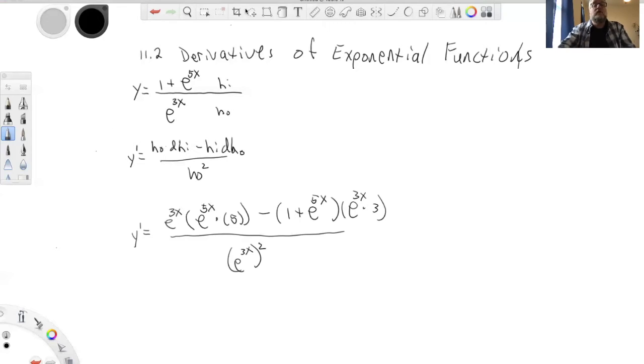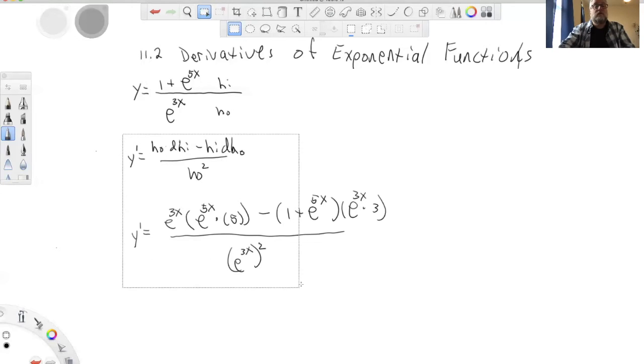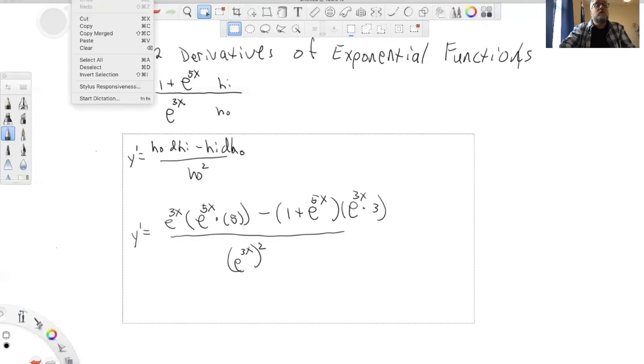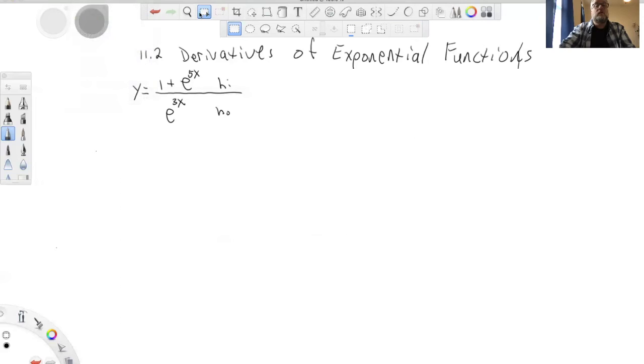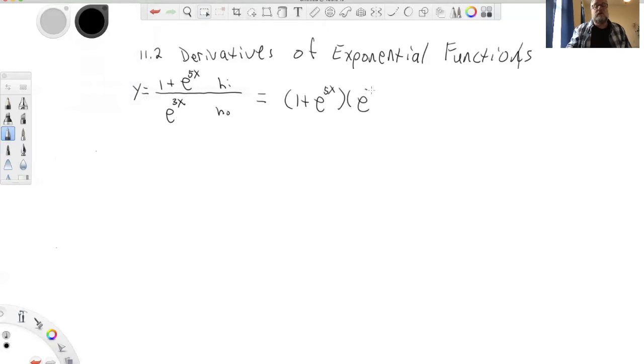Okay, now if I rewrite this instead as 1 plus e to the 5x times e to the minus 3x, now I can do the product rule. Y prime equals the derivative of the first.